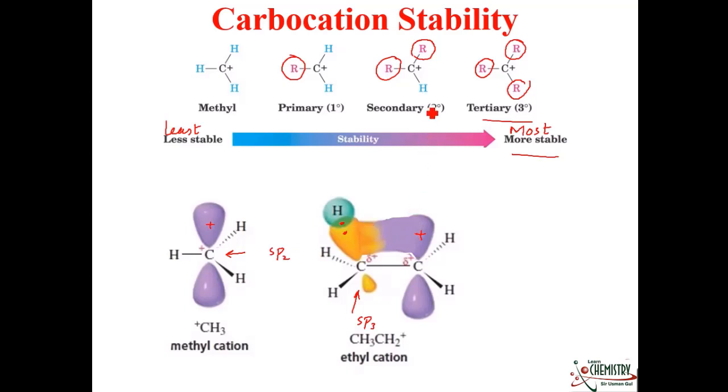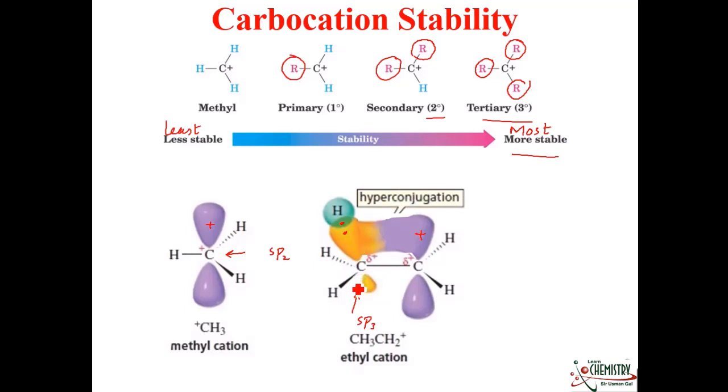Similarly, when we talk about the secondary carbocation, we have two substituents, so we have a double kind of support here. And in the tertiary, this support will be 3 times. Basically we call this hyperconjugation.